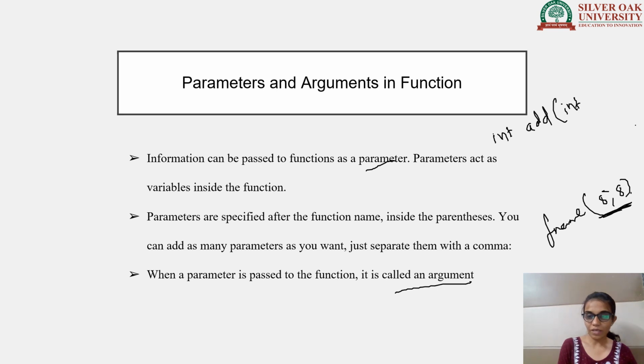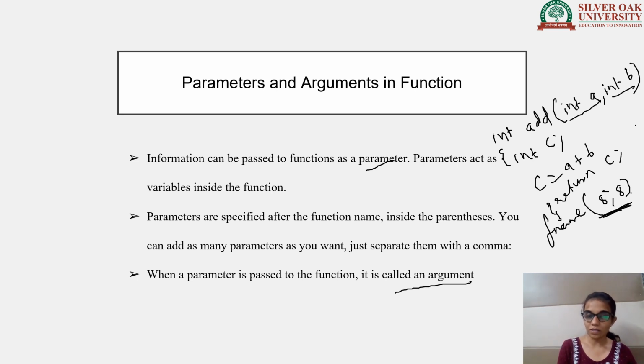Here I will accept integer a, comma, integer b, and then I will create integer c. So c is equal to a plus b, and then return c. That is my function written, for the addition. So this is known as my parameters.